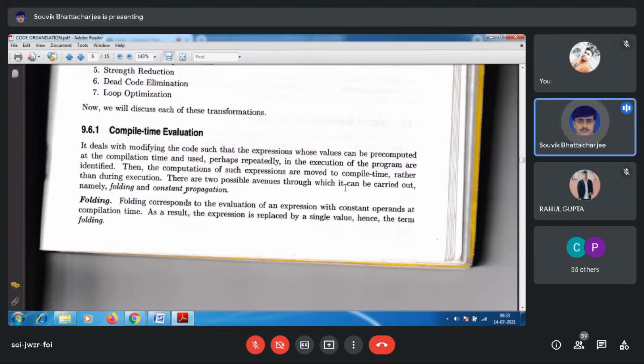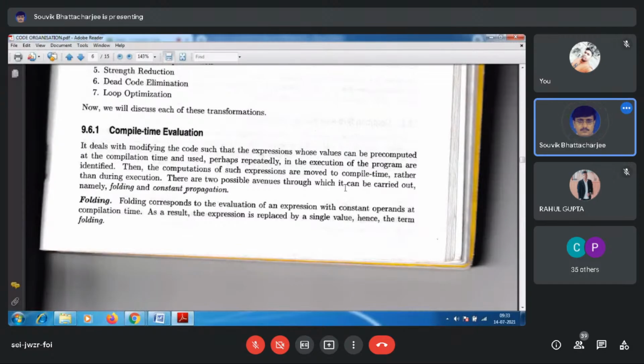Then the computations of such expressions are moved to compile time rather than during the execution. And there are two possible avenues that can be carried out, namely folding and constant propagation. Folding corresponds to the evaluation of an expression with constant operands at compilation time. As a result, the folded expression can be replaced by a single value, hence the term folding.